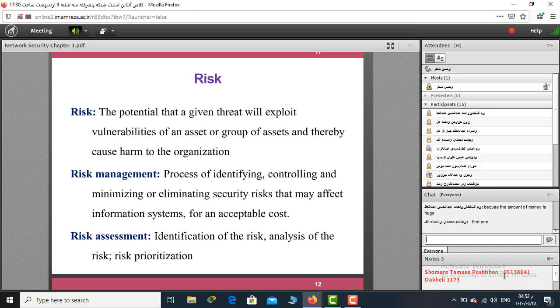Yes, the first one has a higher level of risk.